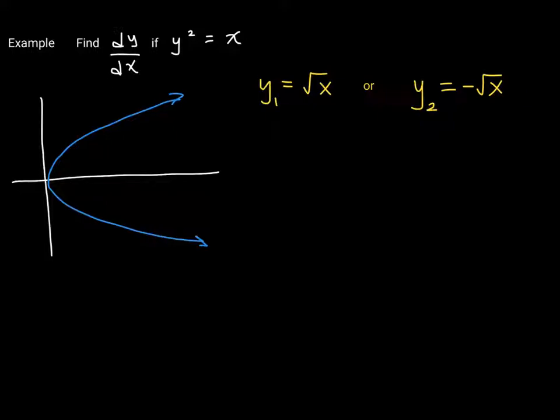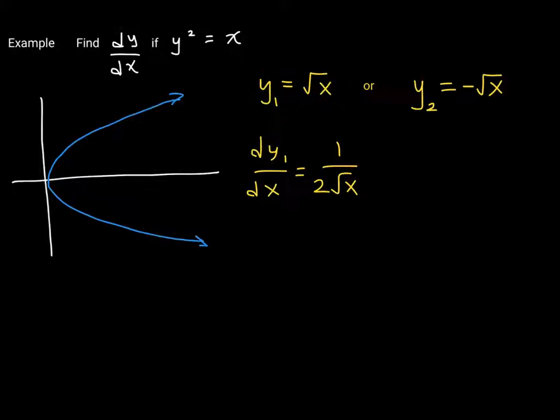Now, notice we have two different differentiable functions here, and so we know how to calculate the derivative of each of these. We would do dy sub 1 dx is equal to 1 over 2 root x. That's the derivative of this first equation.